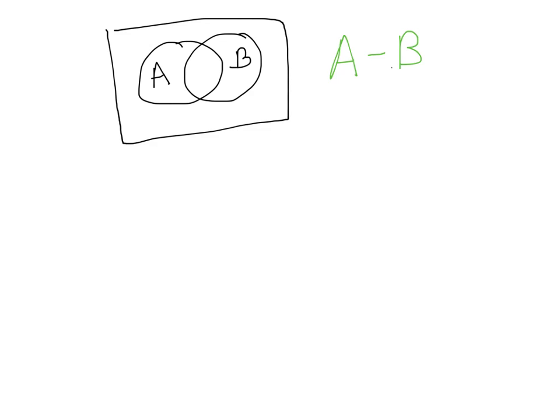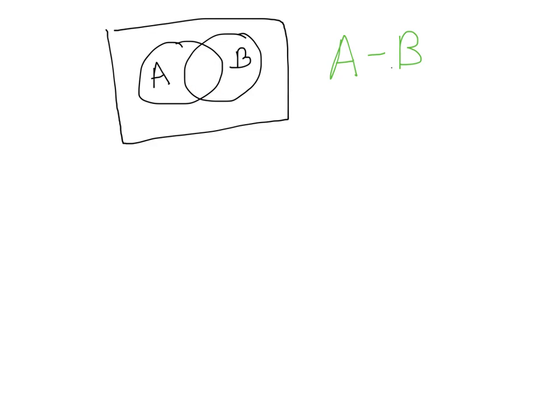So I'm going to start with everything in A. So I start with this huge circle, and then I throw out anything that might be in B. So I'm going to throw out this section. In other words, I'm going to start with A and throw out the intersection. Okay?